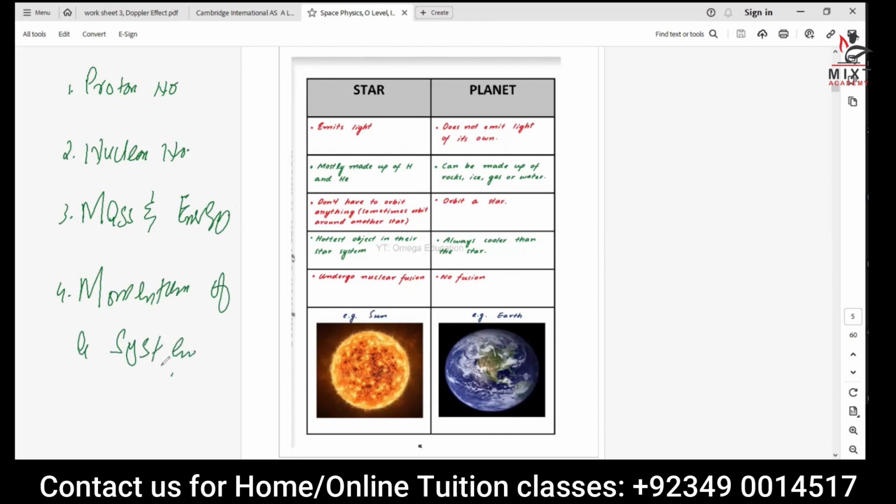So the major difference between planet and star is, planet is a non-luminous object, star is a luminous object. Planet is made of rocks and star is made of gases. Planet revolves around the star. Students, have you noted down this information? What are these properties listed on the left side?